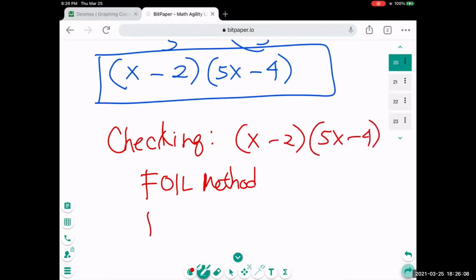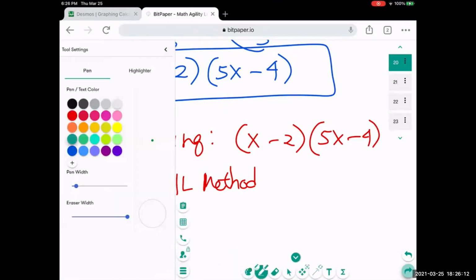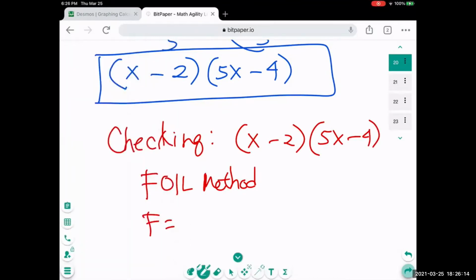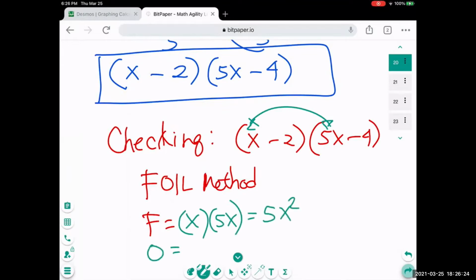So yung first would be this one here, right? So x times 5x, that is 5x squared. And then yung outers, so x and negative 4. So x times negative 4 would be negative 4x.